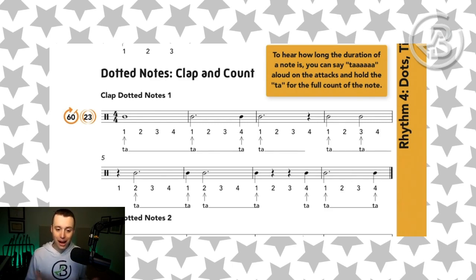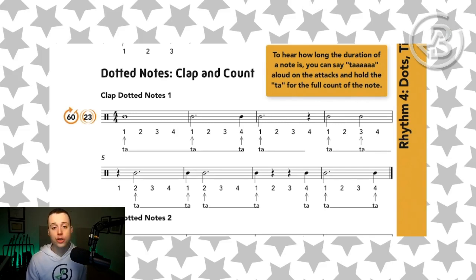Hopefully by now you've done a little bit of clapping, a little bit of counting. You understand how the whole thing works. So we're going to take the counting with your mouth out of the equation. We're going to use your mouth to say ta for different notes. For example, if I was to ta a whole note, metronome at 60, feel the pulse, and here I go, ta. See how I held that out for 4 counts or 4 beats? That's a whole note.